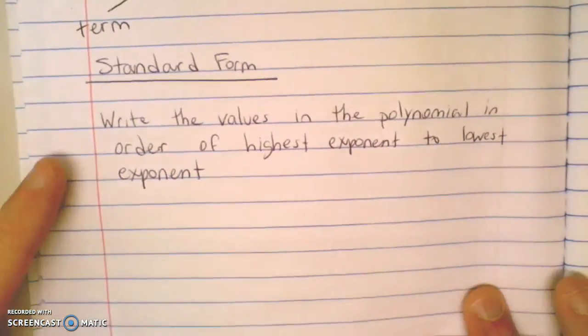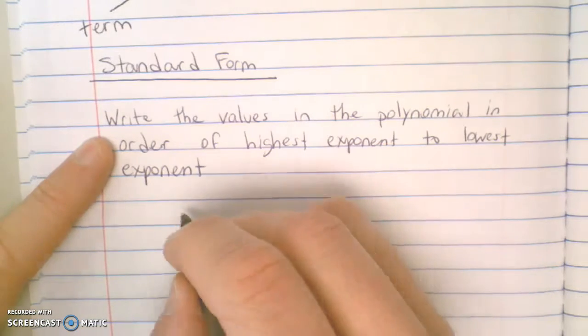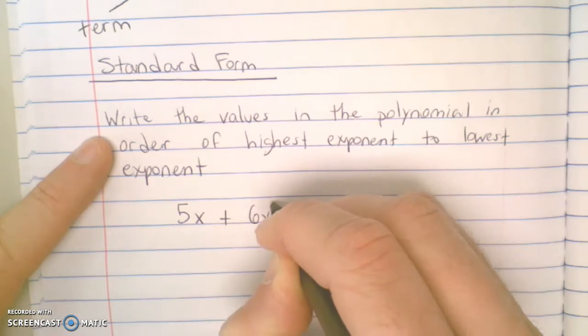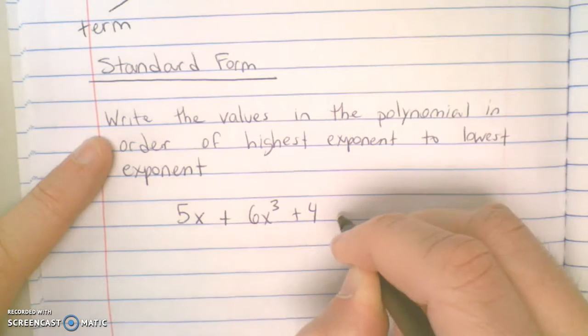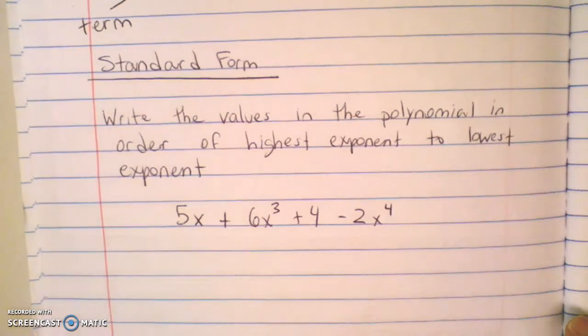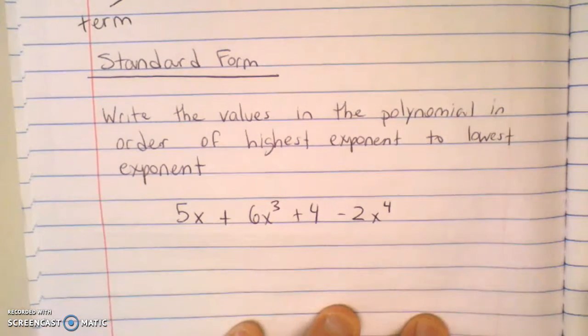So if I gave you a polynomial like the following, in order to write this in the standard form, I have to identify the term that has the highest exponent.